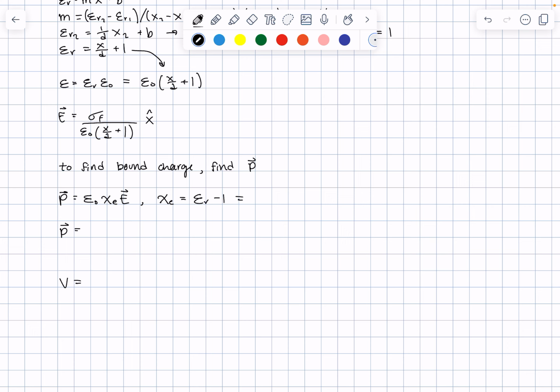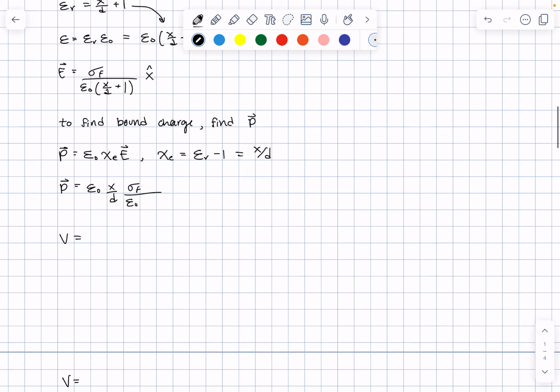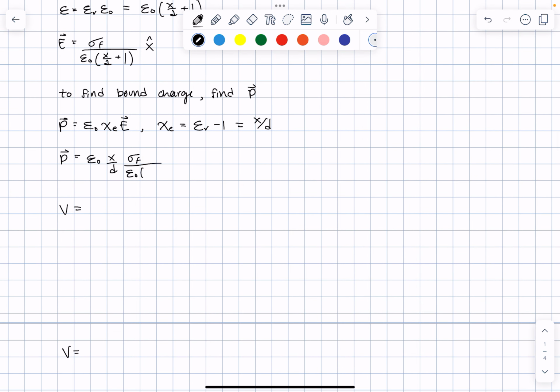So that's just equal to x over d. So then our polarization will be epsilon naught times x over d times our free surface charge density over epsilon naught times x over d plus 1.